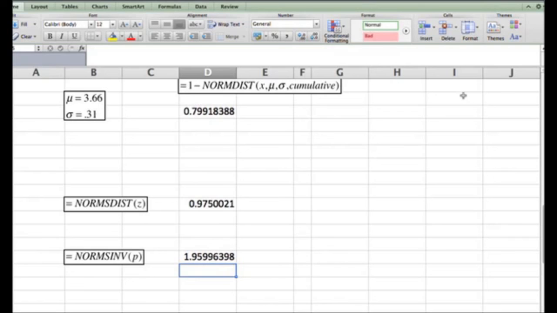But just recognize that they are there, and that when you're working the same problem in Excel, you're going to usually get a slightly different number. So if you put together this instructional video with the keynotes and the text that's in the chapter, you should be in a position to solve any problems in normal distribution probability.